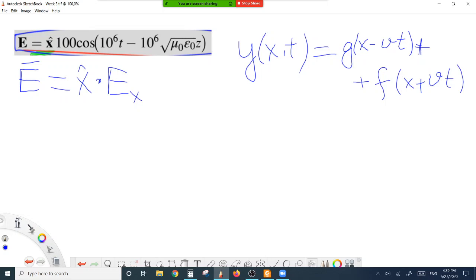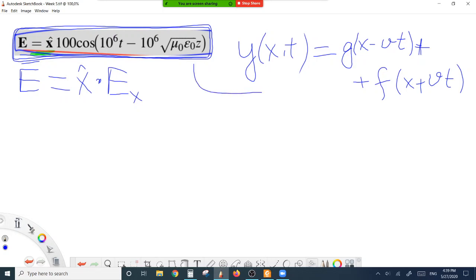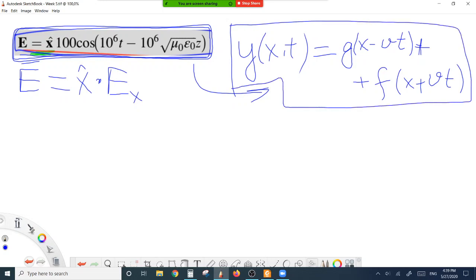Okay, the direction of propagation can be determined from comparison of our solution, in our case the electric field, with the general solution.